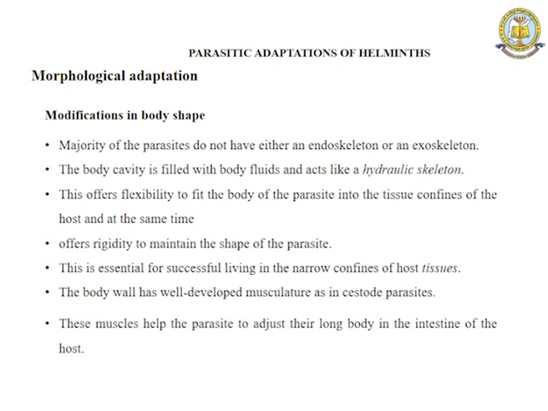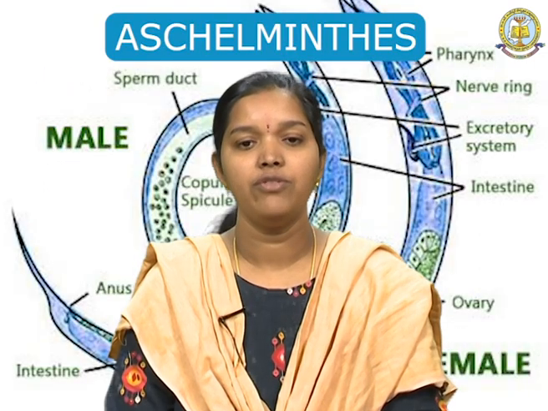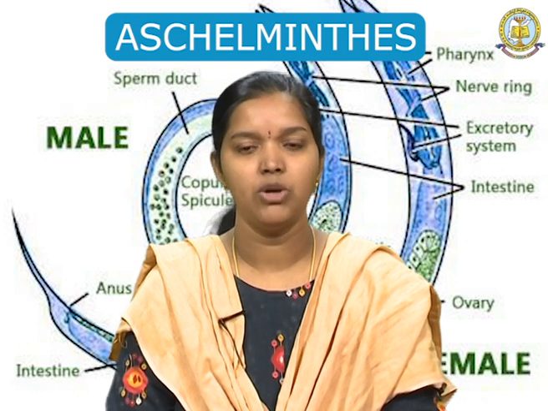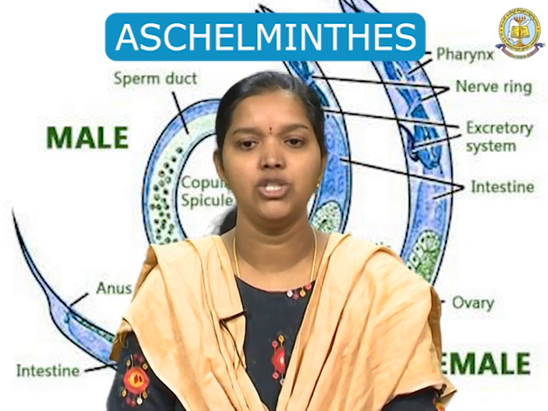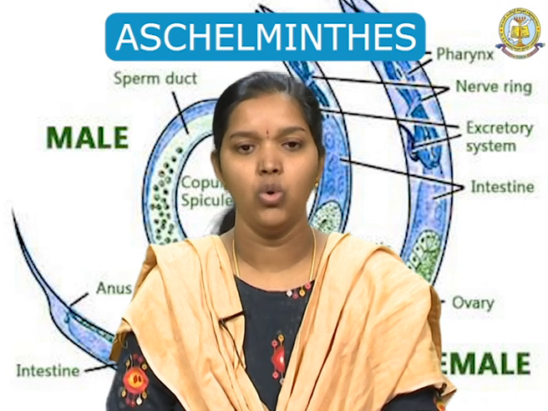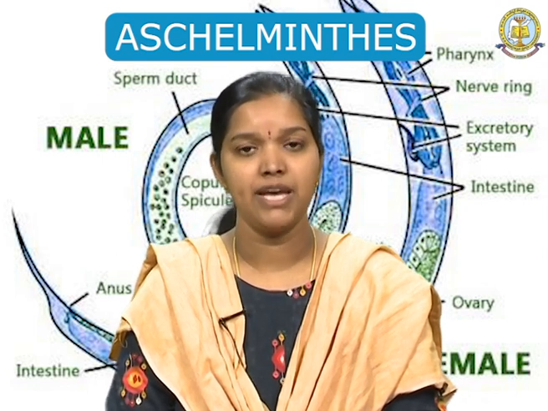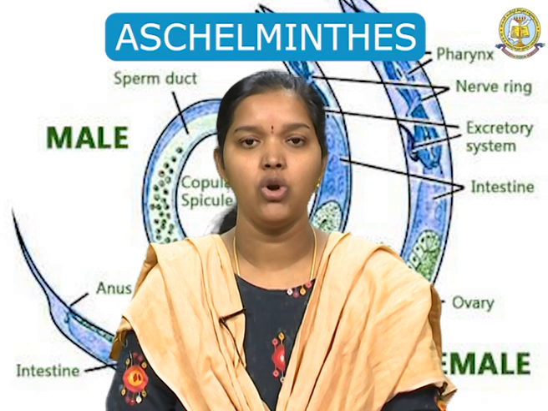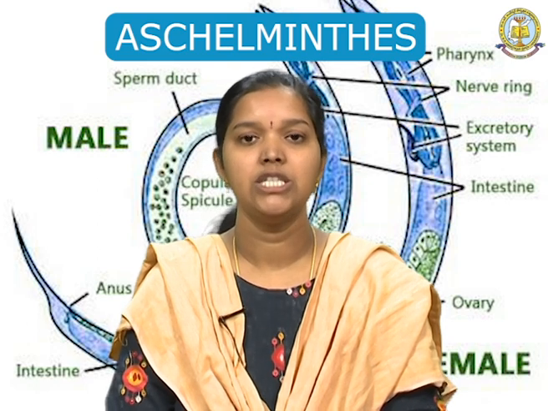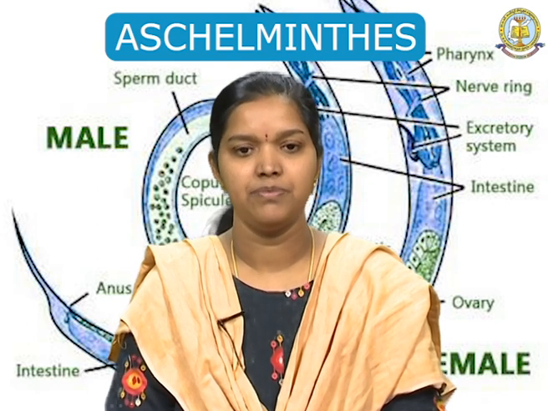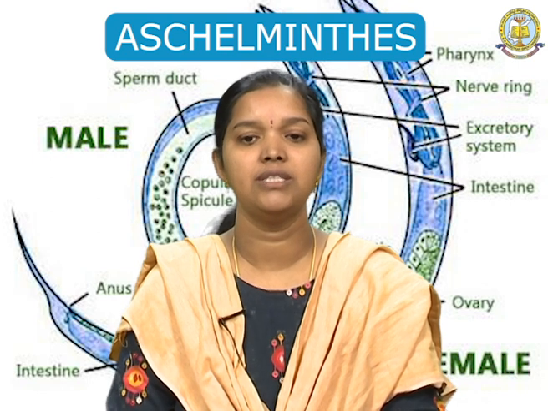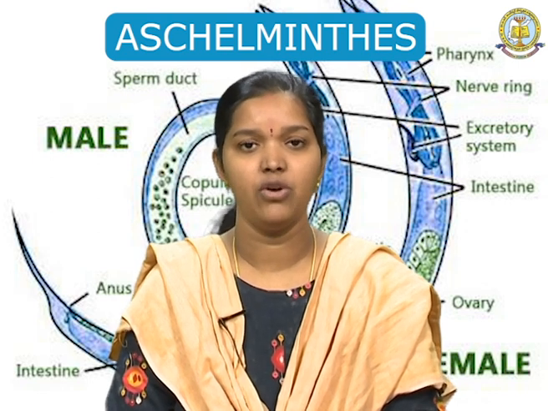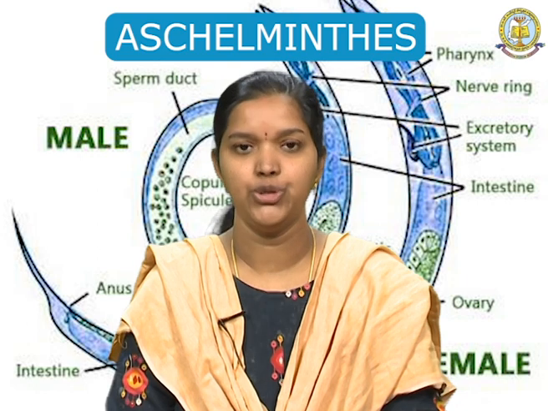The body cavity is usually filled with body fluids, and they offer flexibility of the body because the parasite of the tissue should be confined in the host, and at the same time there is rigidity because they have to maintain the shape of the parasite, and it is essential for the survival of the parasite inside the host tissue.